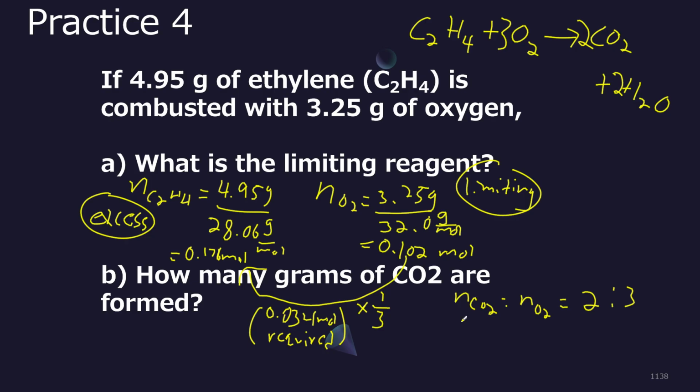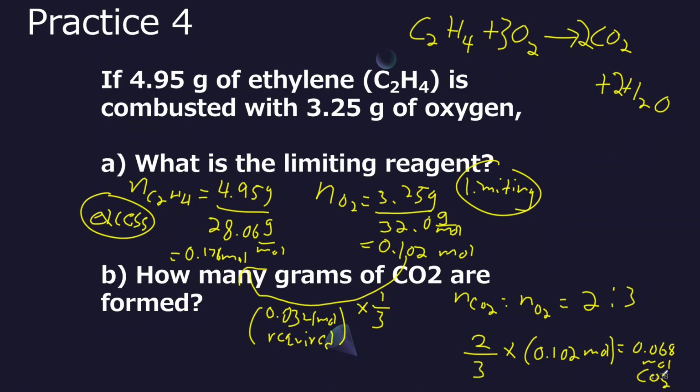And so if we're interested in our target, we put that on the top fraction, 2 over 3, multiplied by our limiting amount, 0.102. This comes out to some moles, about 0.068 of CO2.